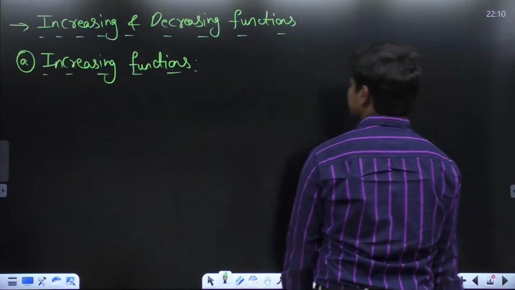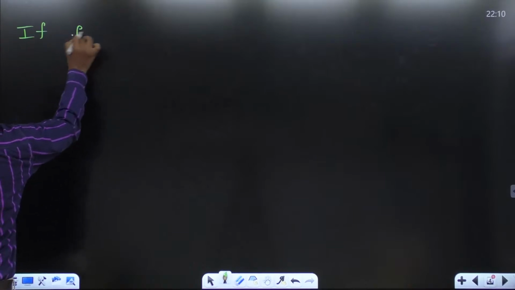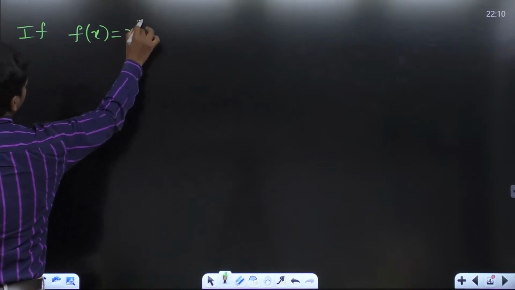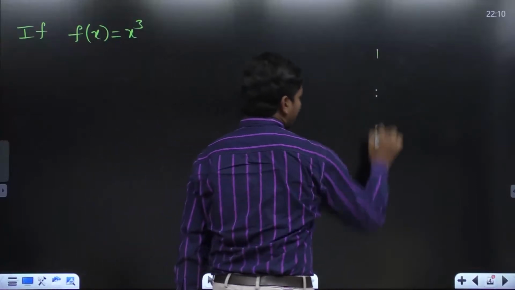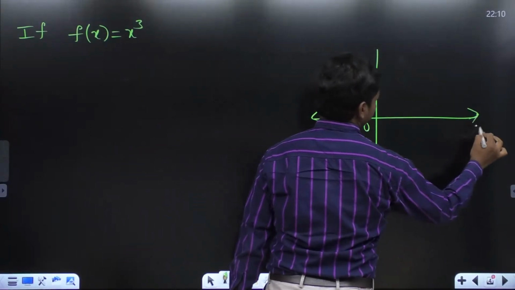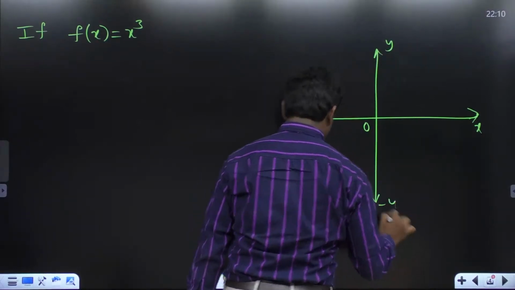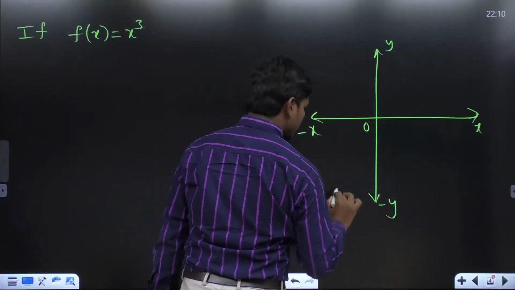For example, in yesterday's class, you have seen that if f of x is equal to x cube, and I want to draw the graph, with axes x, minus x, y, and minus y, it looks something like this.